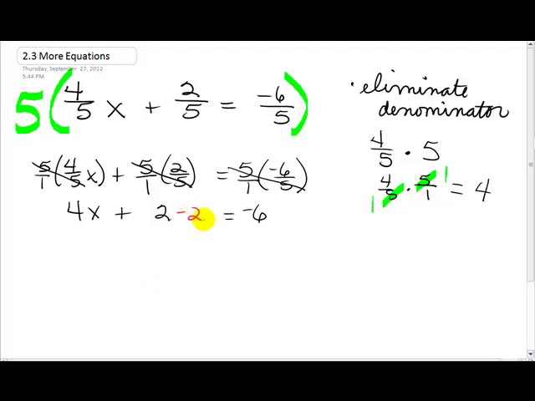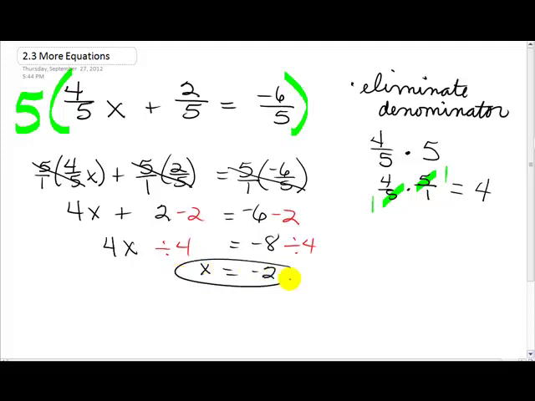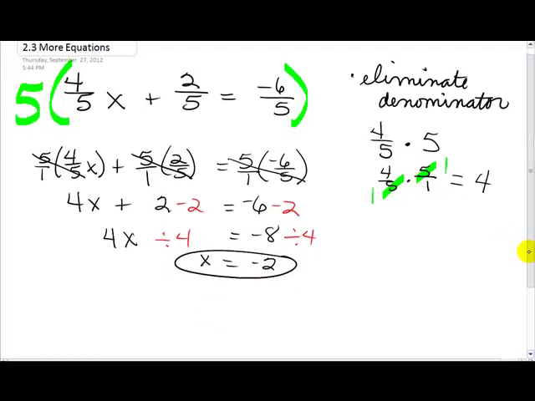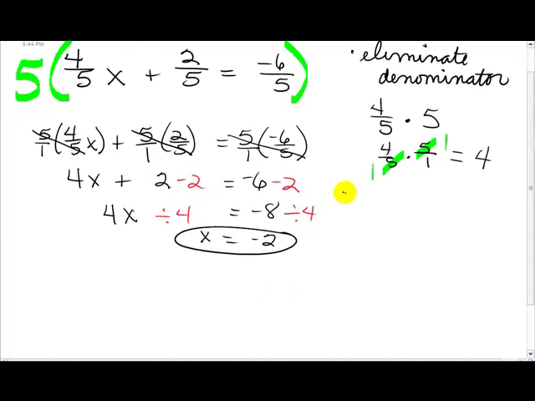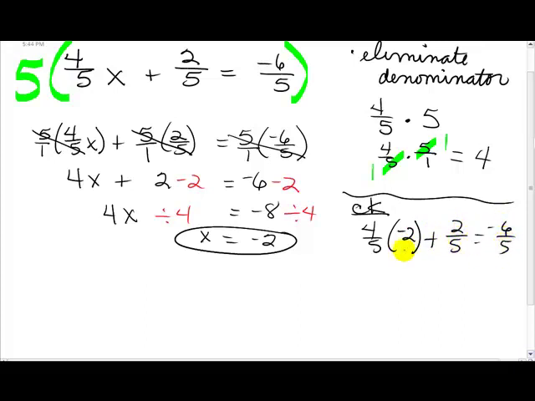Move that constant. Divide by that coefficient. X equals negative 2. Of course, we're going to check it. We have 4/5 times negative 2 plus 2/5 equals negative 6/5.